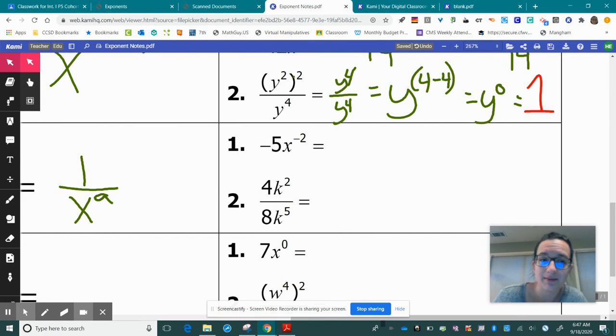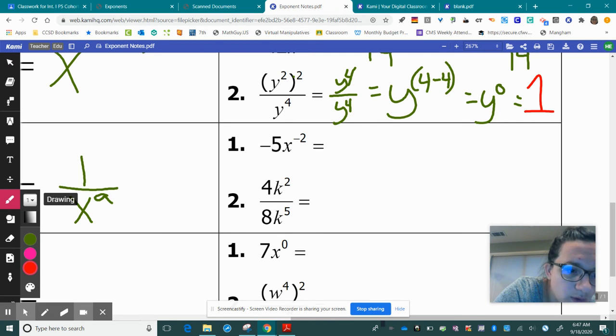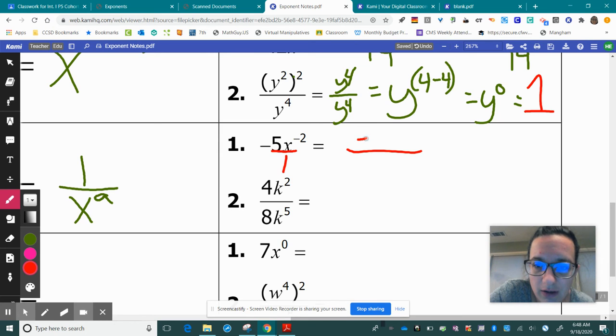Okay, so let's try some of these weird ones. Now we have a negative 5x to the negative 2. That's like the one I almost just did. Almost, not exactly. So we can give ourselves a 1 to help us visualize. Negative 5 is just a negative 5. We can have negative numbers. That's fine. So our negative 5 is just fine where it is.